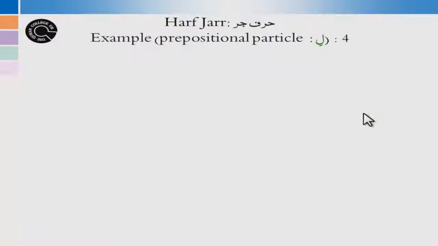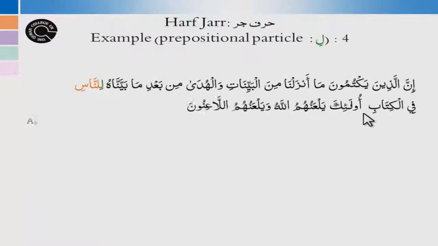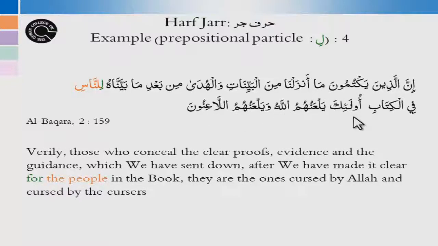And this lin-nasi is used in Surah Al-Baqarah chapter number 2 verse number 159, where it says: innal ladhina yaktumuna ma anzalna min al-bayyanati wal huda min ba'di ma bayyanahu lin-nasi fil kitabi ulaika yal'anahumullahu wa yal'anahumul la'inun. Innal ladhina, and indeed those, yaktumuna is from katama, kaf ta mim. It looks like cut. When you cut something, you hide it, you conceal it.